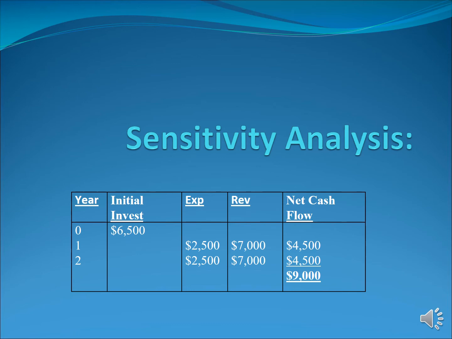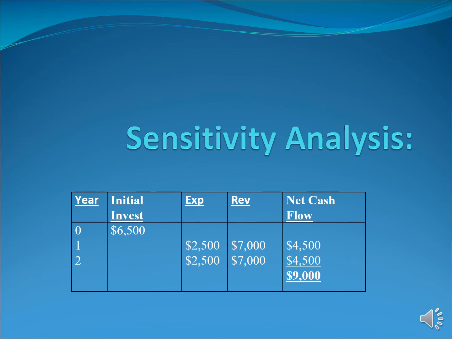So, the sensitivity concept is explained taking an example. The data that we got here is for 3 years. That means year zero when the investment is made, and then the following year and second year. The initial investment is $6,500, and all these figures are in thousands. So please bear that in mind.